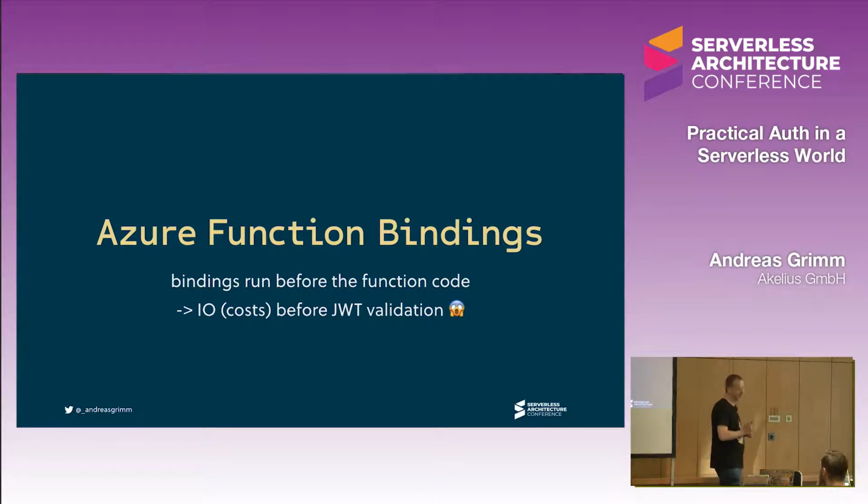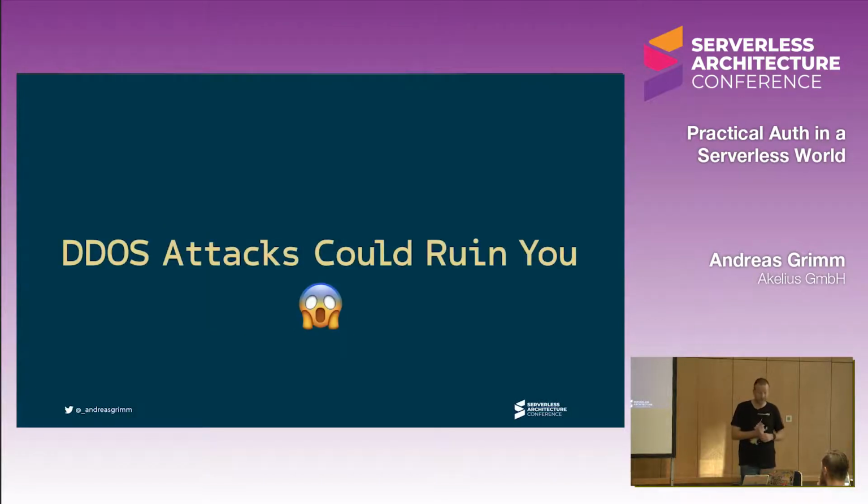And that means that additional costs can occur and you're prone to DDoS attacks that bring the service down, because it's downstream I/O costs that happen. And we don't want this to happen. So what could we do?